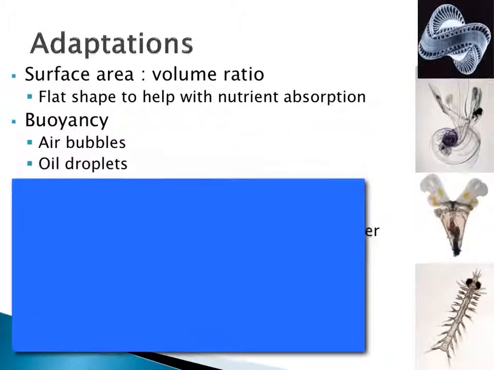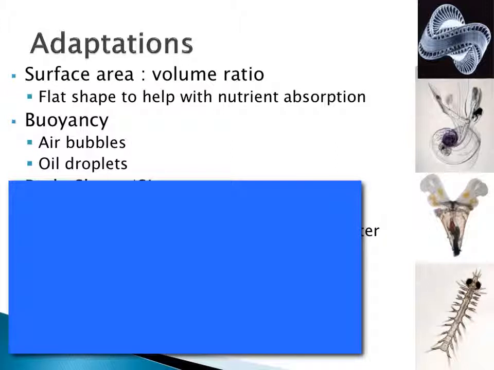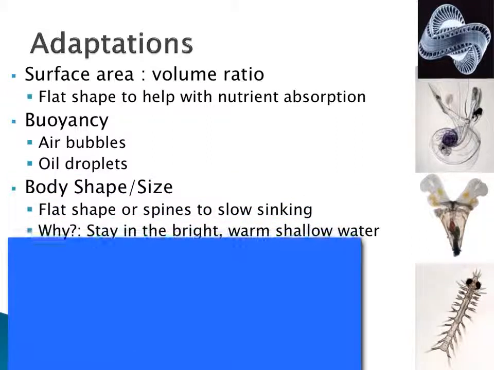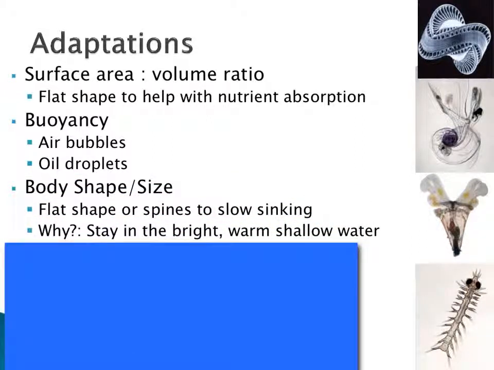Buoyancy: they're able to float or stay higher up in the water column. They achieve this by sometimes having air bubbles or oil droplets, because oil is less dense than water and it floats. These help these guys stay higher up in the water column. Or they might have a flat body shape, so in addition to helping with surface area to volume ratio, that flat body shape, or having spines or something like that, would help them slow their sinking.